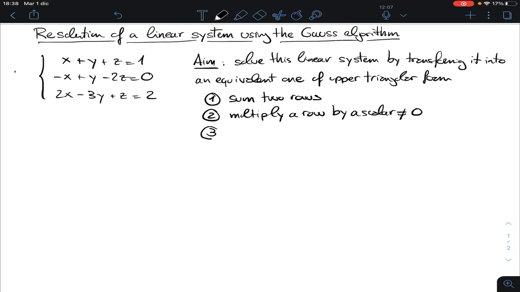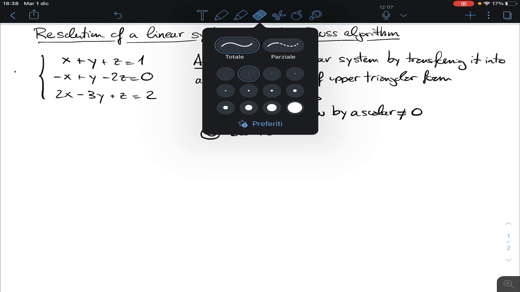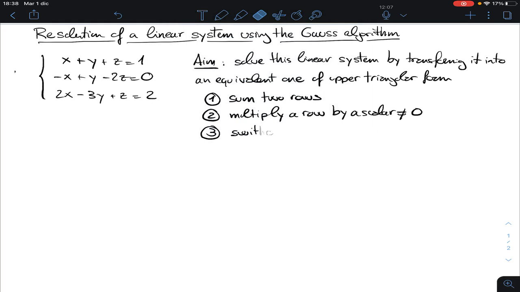And the third operation is that you may switch two rows, or, in a less equivalent way but still you can do this, you may switch two columns. So let me show you how this is done.